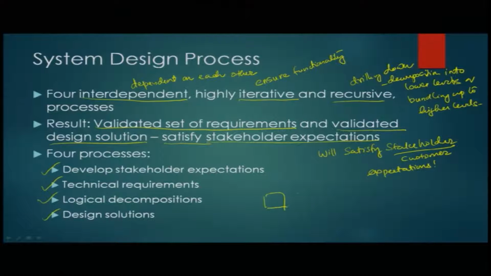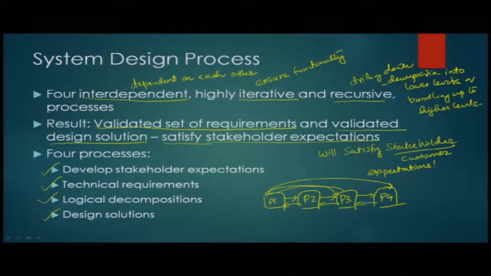If you call these processes P1, P2, P3, P4, they are dependent like this, they are also dependent like this, so all sorts of dependencies exist between them. And at the end of the day this will generate the design solutions that are required as part of this document.